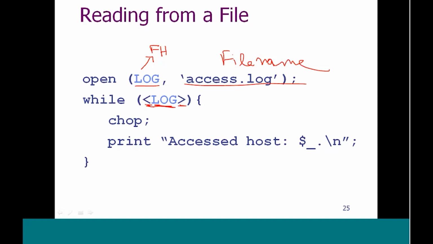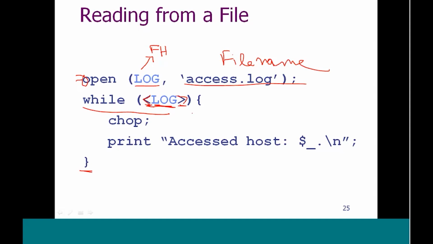A typical construct is the while loop with this operator. In this Perl program, once you open a file, when we specify while and then this greater than, less than log, it gets the file line by line. The first line will be there, we process it, and since this is a while loop, it goes and processes the next line.